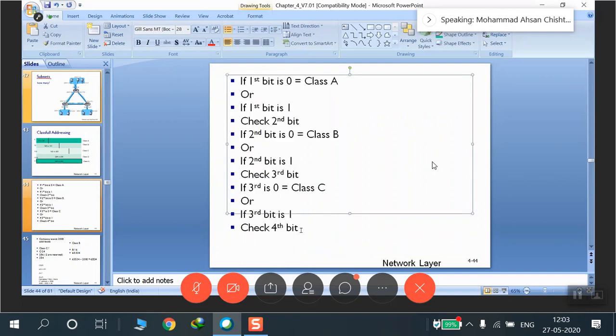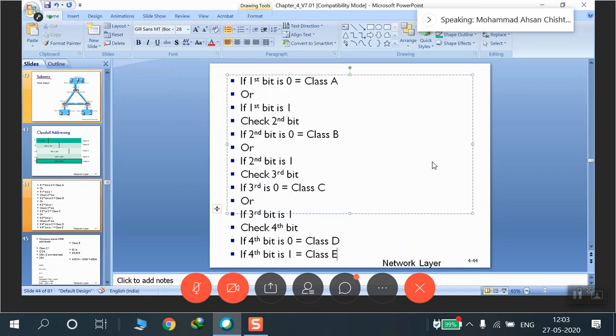So from here we can see the last part: if the fourth bit is 0, it means it's class D. If the fourth bit is 1, it is class E.